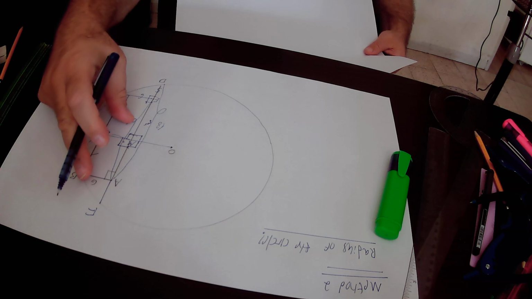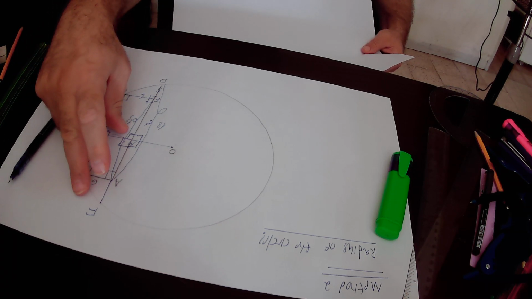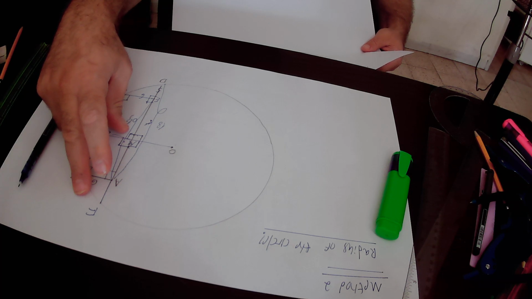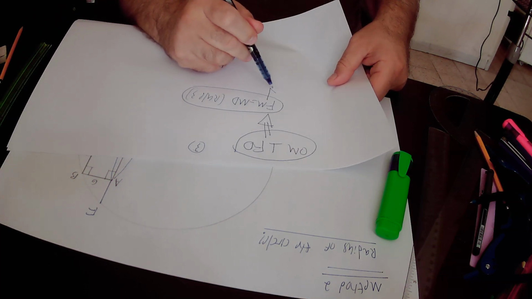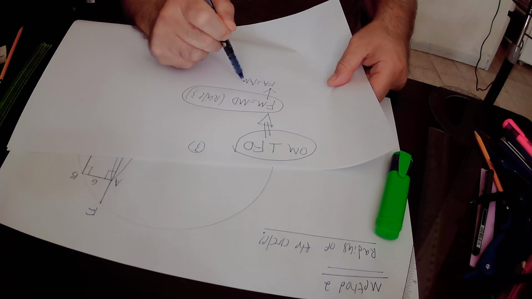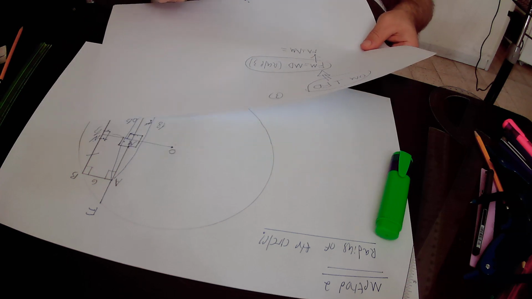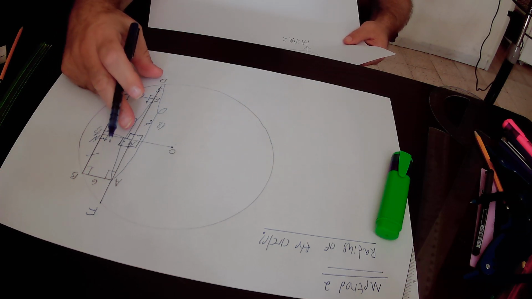What is the value of FM? From the drawing it is very easy to see that FM equals FA plus AM. What is the value of MD?